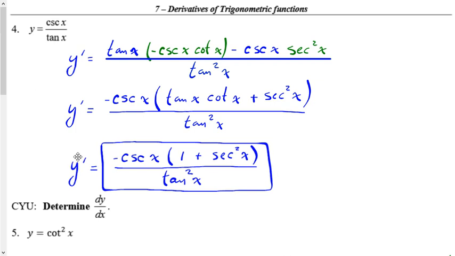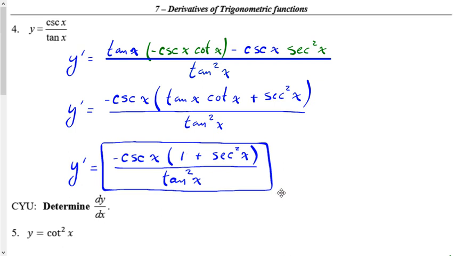Now as you look inside this bracket, 1 plus secant squared x is kind of close to a Pythagorean identity, but if you look closely on your formula sheet, if you had instead a secant squared x minus 1, then it would equal a tangent squared. As it is, we can't replace this whole thing with a single trig function, so we'll just stop here.